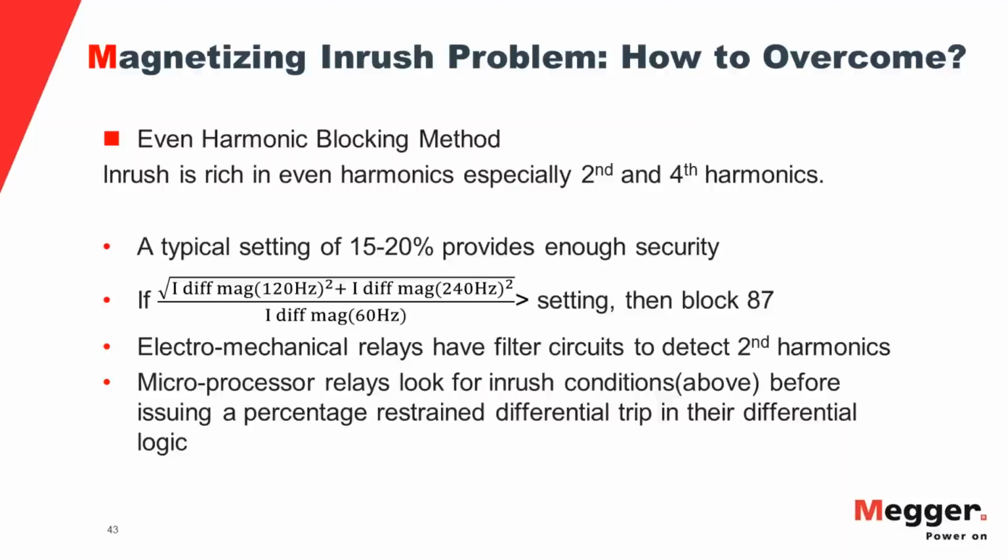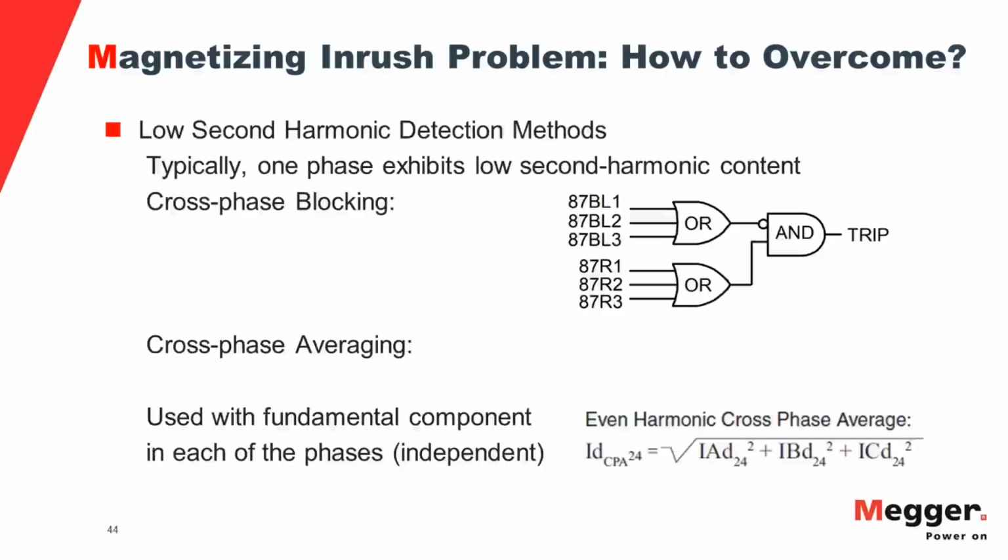So how to take care of those kinds of problems? Because if you say that if my second harmonic content goes beyond that 15 to 20% of the fundamental current, I would declare a restraint, in this particular example the relay will be restrained only on one phase, but the other phases will operate for differential.